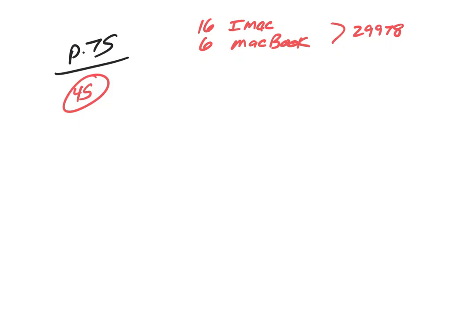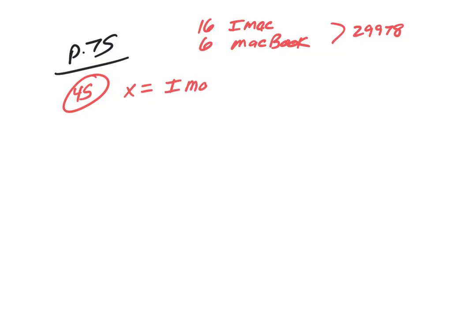Well, it tells us that the MacBook Pros cost $600 more than the iMacs. How much did each computer cost? All right, so the MacBook Pros cost $600 more than the iMacs.